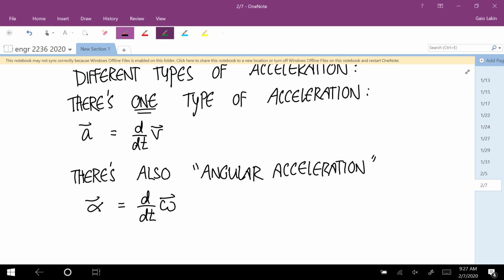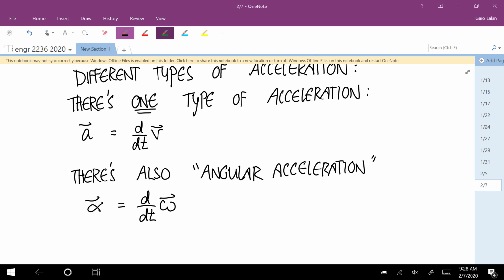Acceleration, a, is looking at a point and measuring its motion over time. It's looking at a point and where does that point go? If you plot out its position over time, you come up with a function that represents where it is over time, and you take 2 time derivatives.